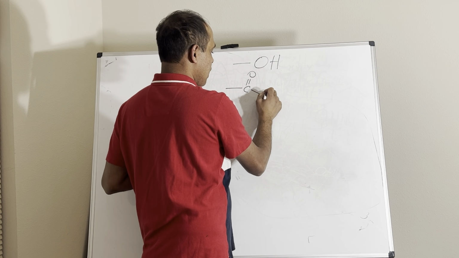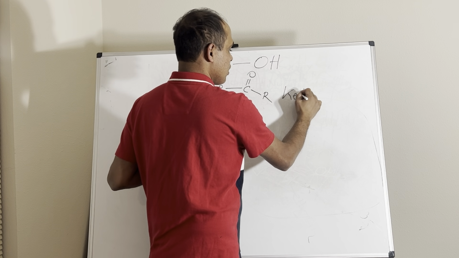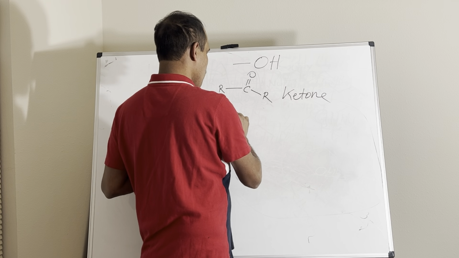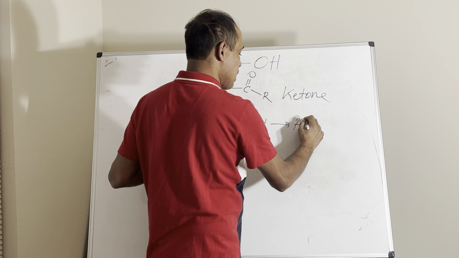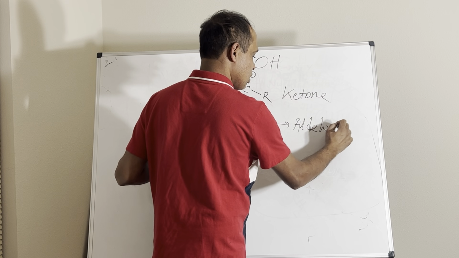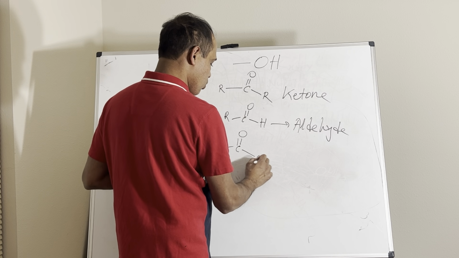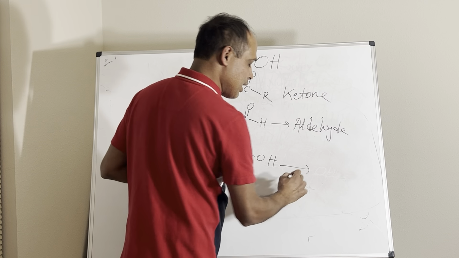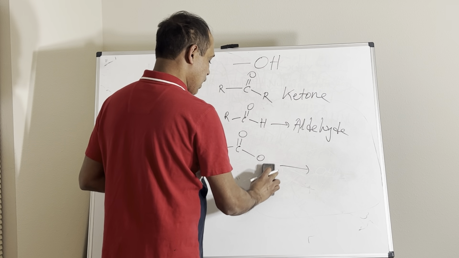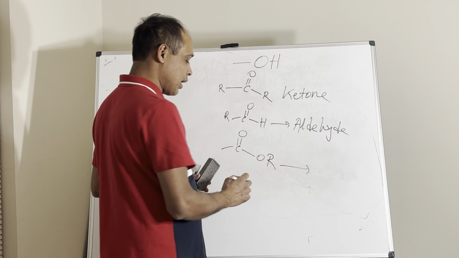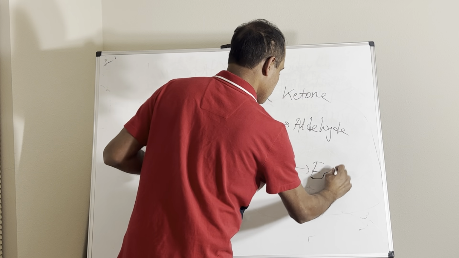If you have a carbonyl with a hydrogen, it will be an aldehyde. If you have a carbonyl group with OH, that will be a carboxylic acid or organic acid. If you have one alkyl group R there, then it will be an ester.